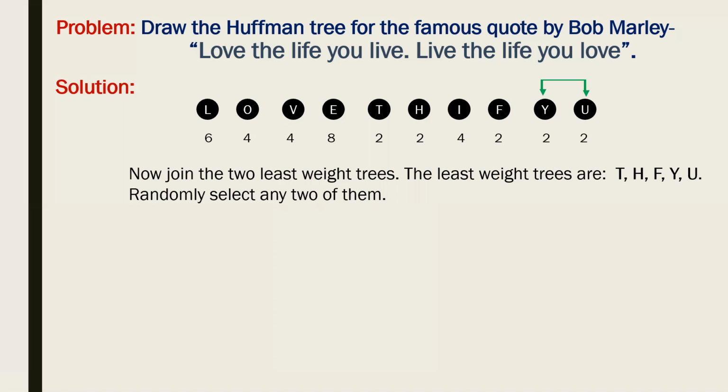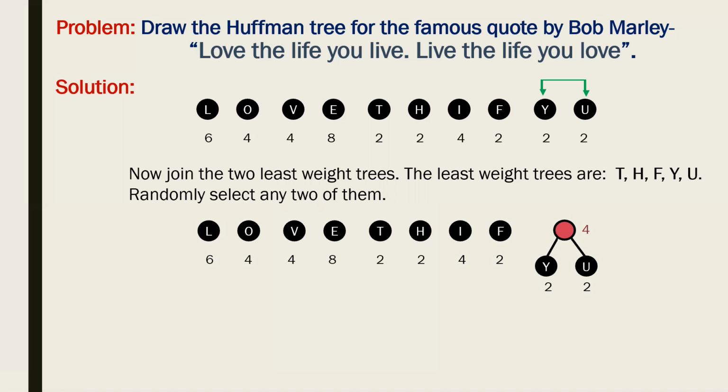Suppose we have picked Y and U. We combine these two and make a single tree, as you can see in the diagram. The frequencies of these two are 2 and 2. Therefore, the parent node contains the sum of these two frequencies, 2 plus 2, which is 4. Now again scan from left to right and find the two trees of least weight.